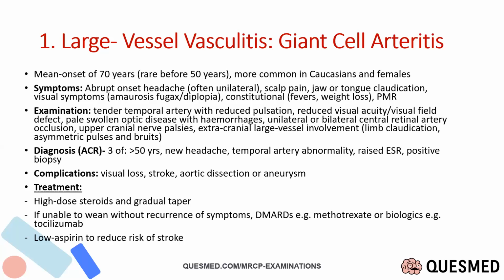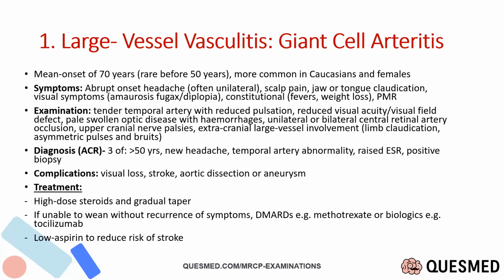You get this abrupt onset headache, and it's often unilateral with scalp pain, claudication, visual symptoms. And the visual symptoms you want to be really worried about are obviously the complete visual loss and the amaurosis fugax. You often get a constitutional side with fevers, weight loss, and there is this overlap with polymyalgia rheumatica. When you examine the patients, they might be quite tender over the temporal artery.